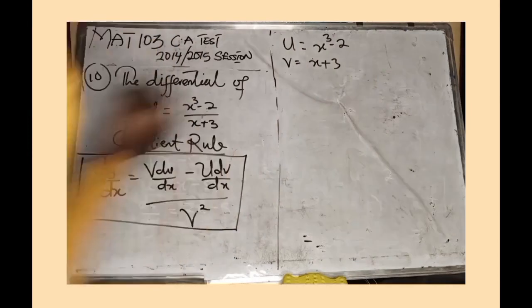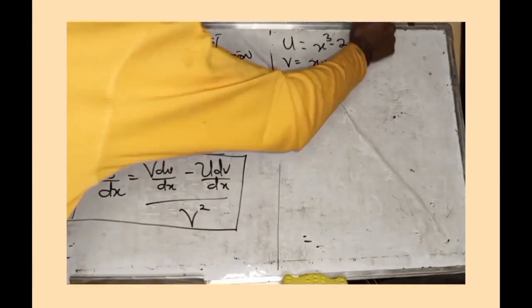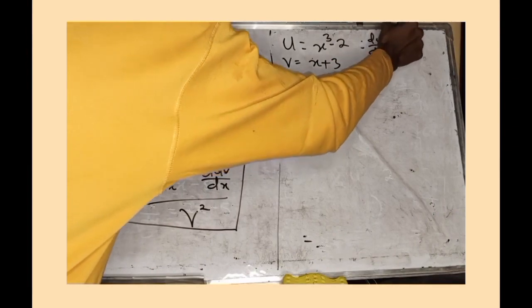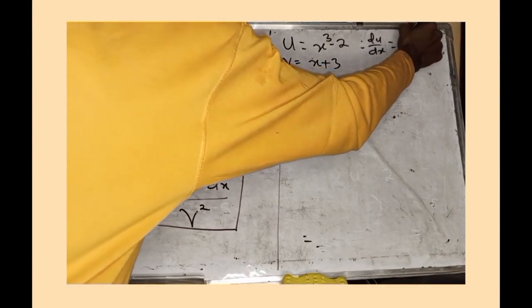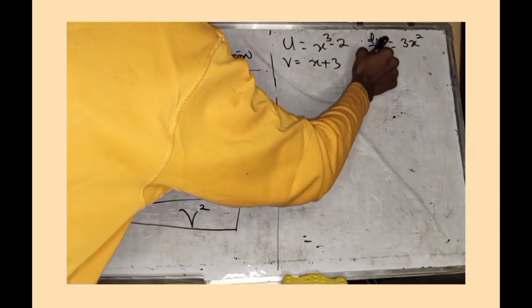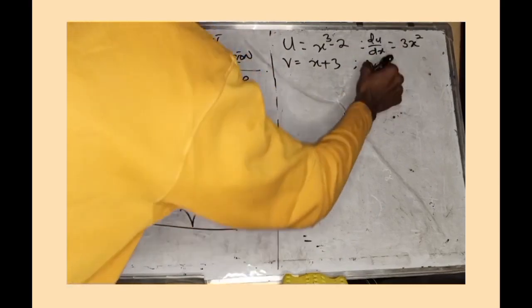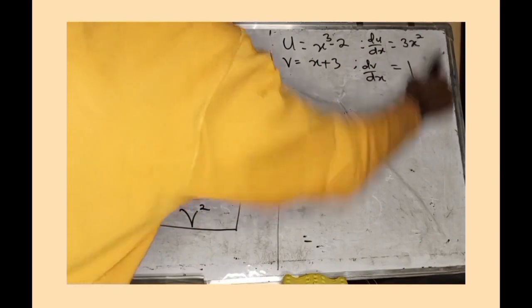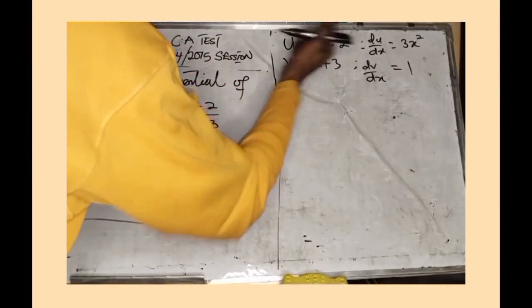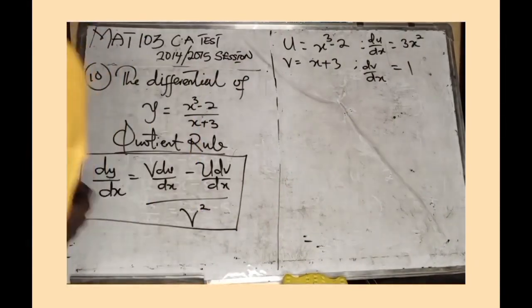If I differentiate u with respect to x, it gives me 3x squared. And if I differentiate v with respect to x, it just gives me 1. How 1? The constant is 0, and the derivative of x on its own is just 1.